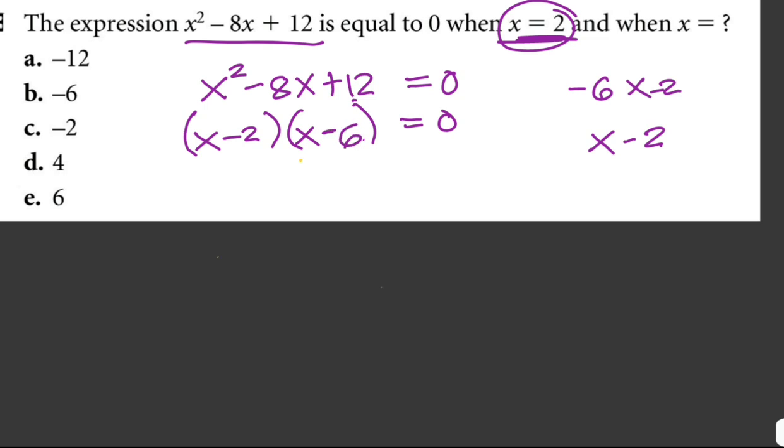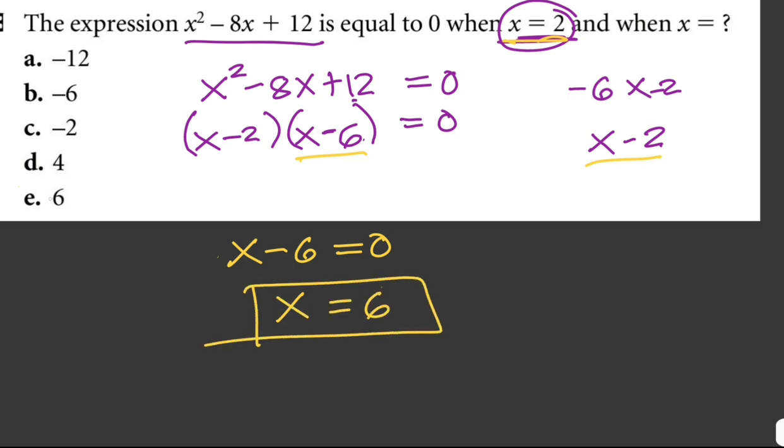Since x equals 2 has a factor of x minus 2, the other factor is x minus 6, and then we set that equal to 0. Therefore, the other value of x is equal to positive 6. So the answer here is letter E.